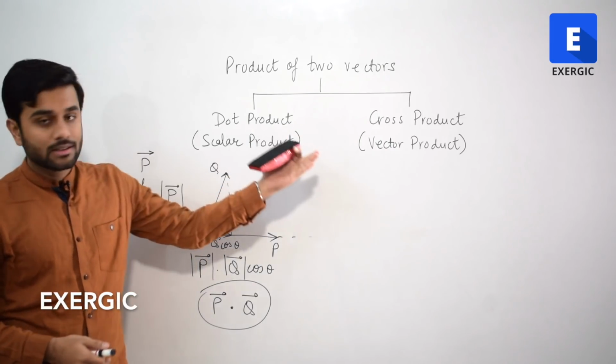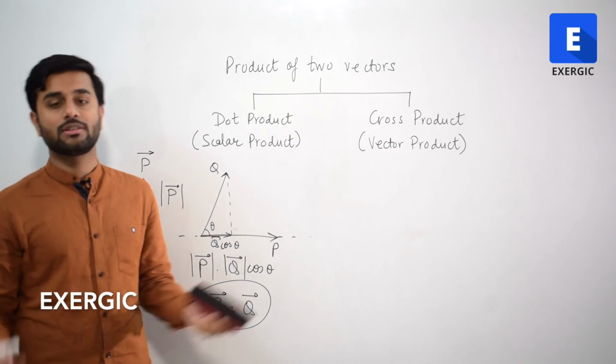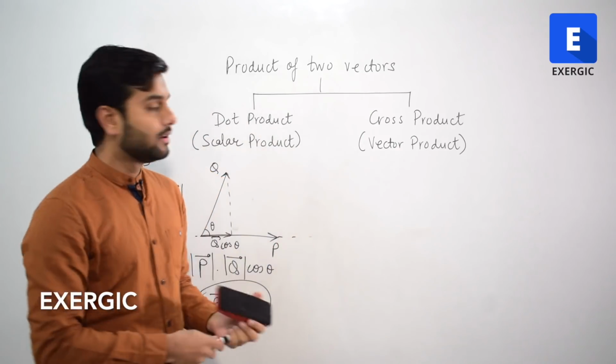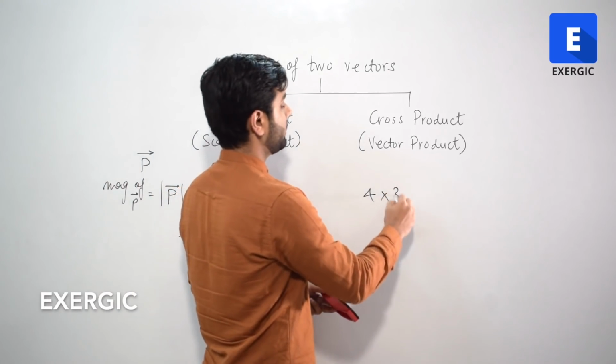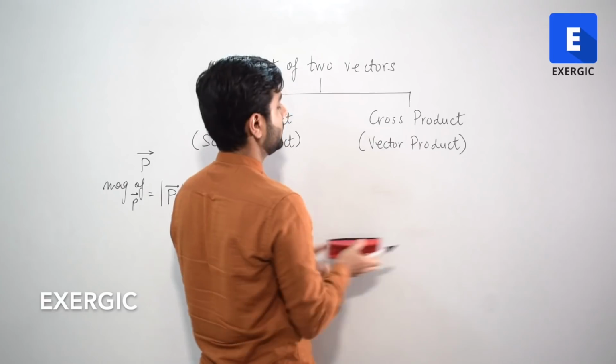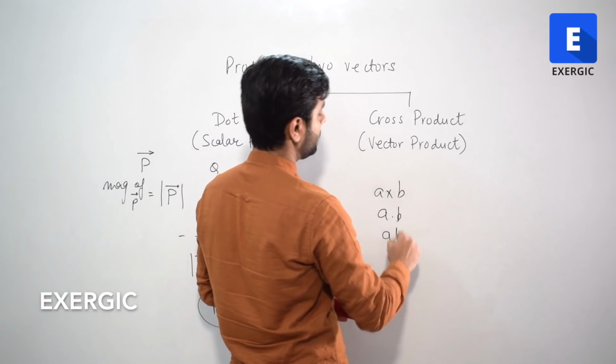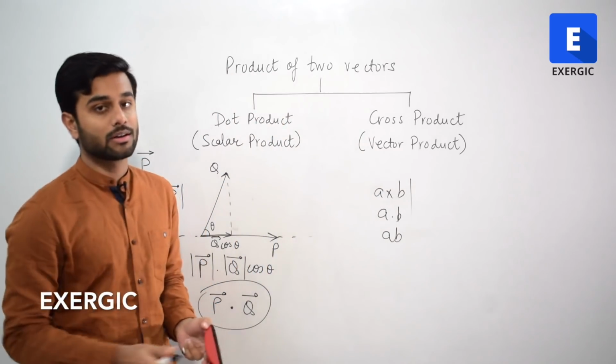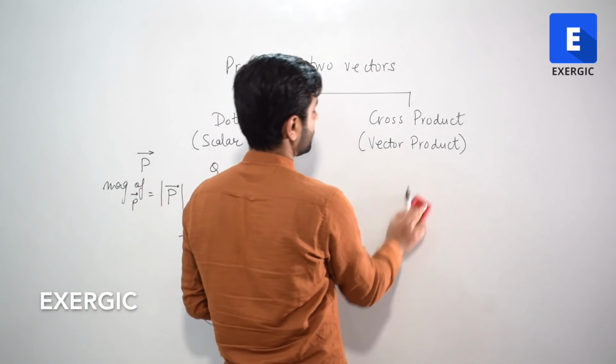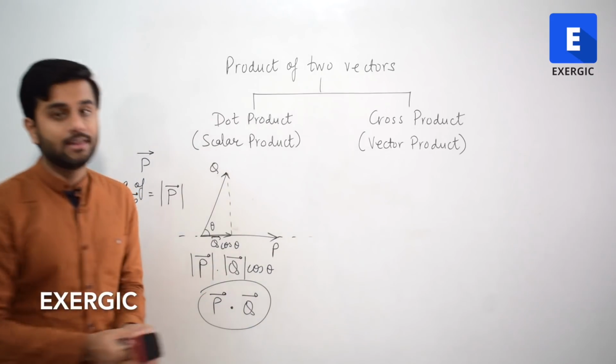You will see that in the other case we have some other operator. So it's not like scalar product. In scalar product, you write 4 multiplied by 3, not for numbers actually, but you write a multiplied by b or a dot b or a b. All of them are the same for scalar product. But that's not the story for vector product. You need to be careful about what sign you are using.